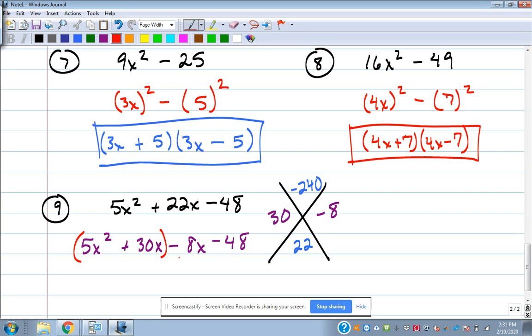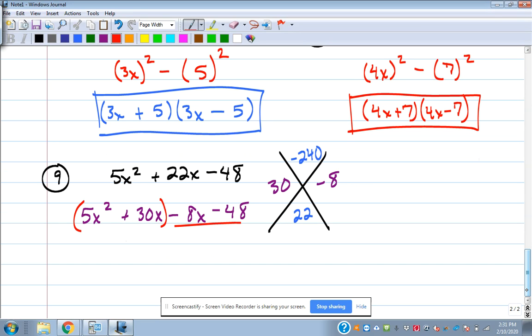All right. Group the first two together. What's the GCF of 5x squared and 30x? 5x leaves x plus 6 in parentheses. What do I pull out of the second pair? Negative 8. Remember, I'm always going to pull the same sign as that right there. If it's a minus, this is going to be a minus. If this is a plus right here, this is going to be a plus right here.